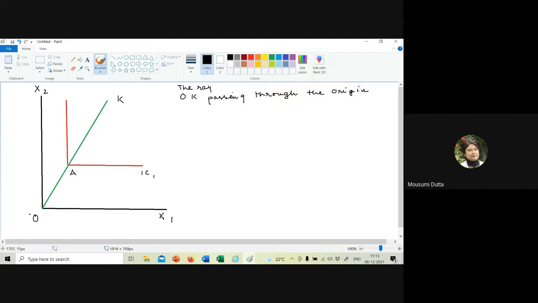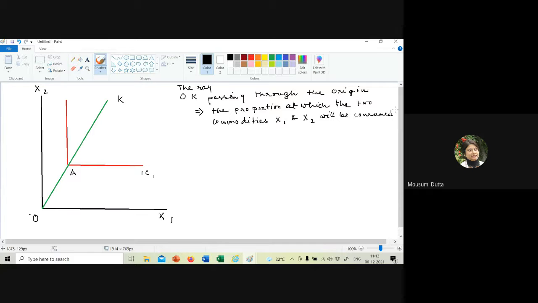the straight line, or the ray OK passing through the origin, indicates the proportion at which the two commodities X1 and X2 will be consumed.